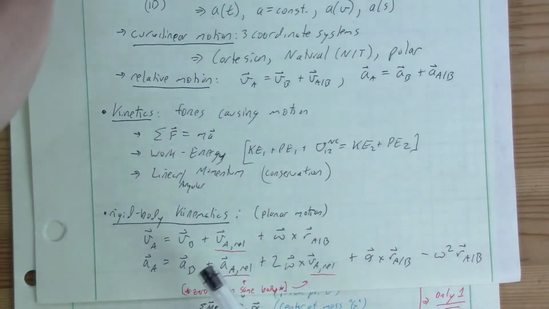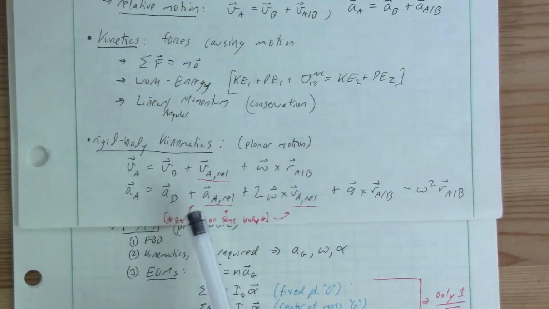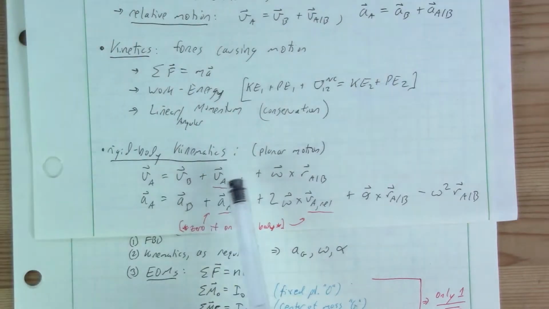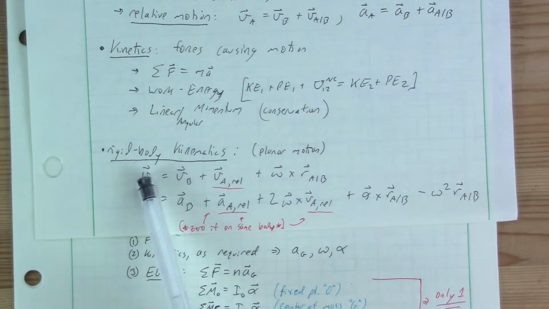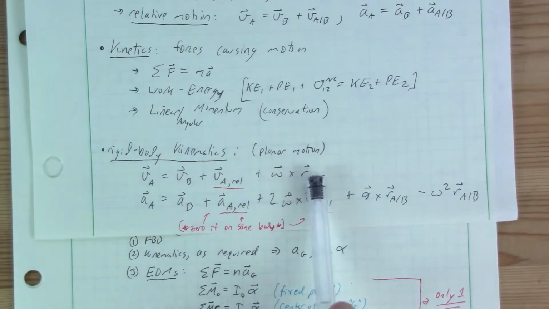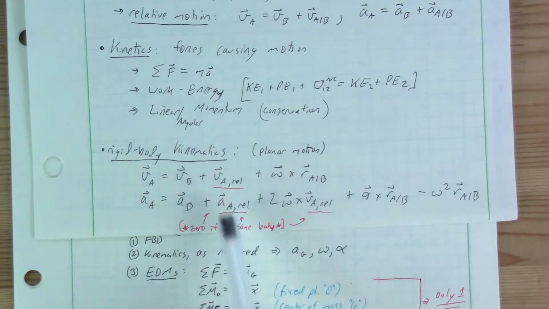Okay, we then wrapped up chapter 17 introducing rigid body kinematics. So now the description of motion for objects that take on a mass distribution, limited to planar motion here. So here are our two relationships where we had these terms, relative velocities, that allowed us to analyze sliding contacts.